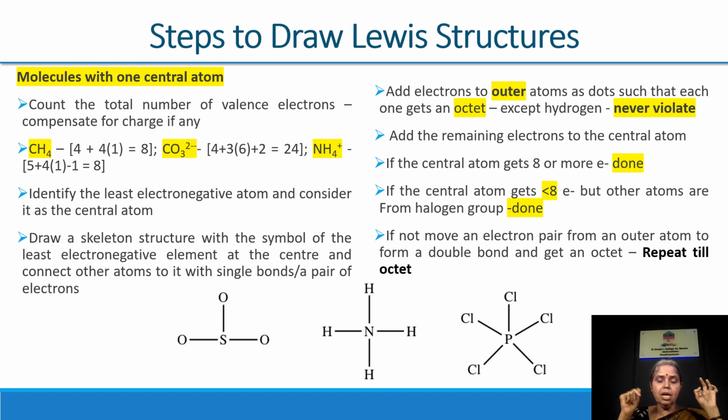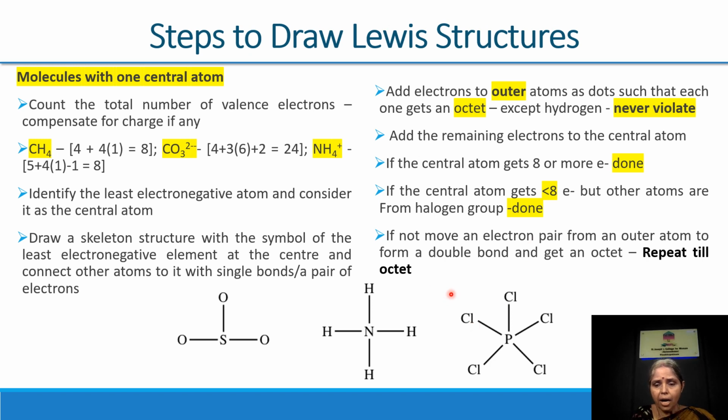In that case, you have to convert one lone pair into a pi bond. That is, one pair of electrons on an outer atom has to be converted into a pi bonding pair to the central atom. If not, move an electron pair from an outer atom to form a double bond and get the octet to the central atom. So, you didn't get it even then. Repeat with another atom. You didn't get it.